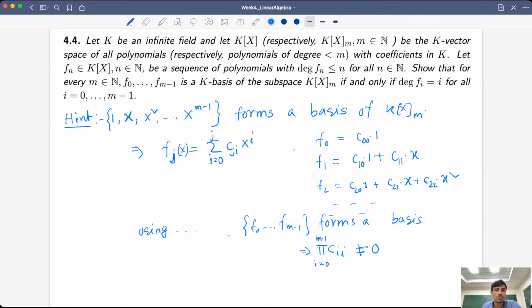And c_jj not being 0 means the degree of fj is j, right? So this is if and only if, by 4.2, the degree of fj is exactly equal to j. Okay.